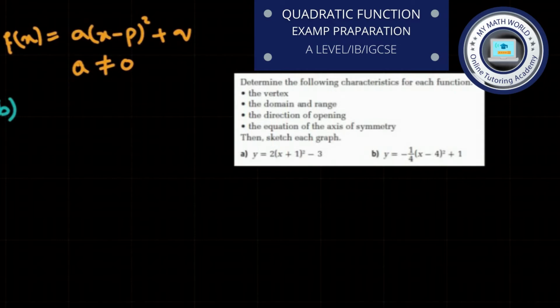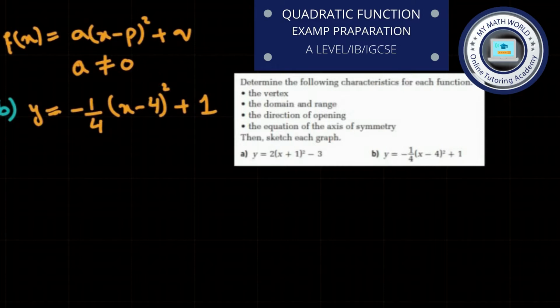Why is it quadratic? Because of the highest power 2. So the equation is y is equal minus 1 over 4 times x minus 4 whole square plus 1. This equation is quadratic, as we can see this power 2. If we expand it, we will still have the highest power 2.